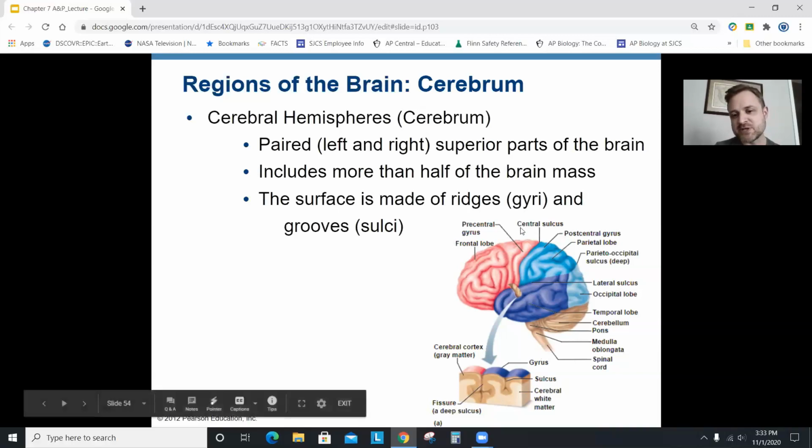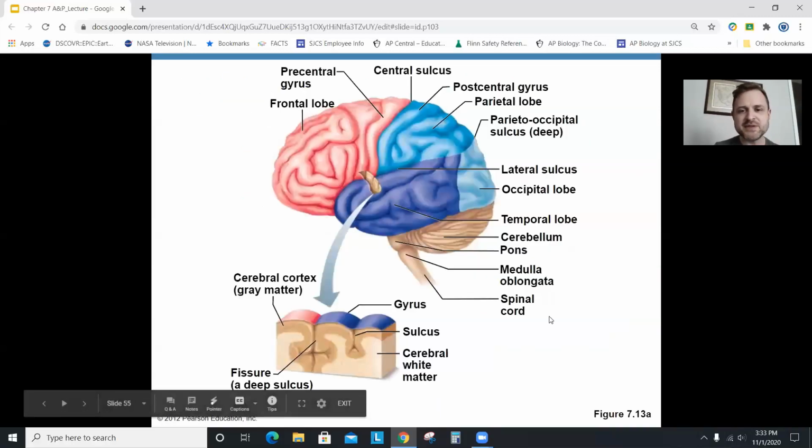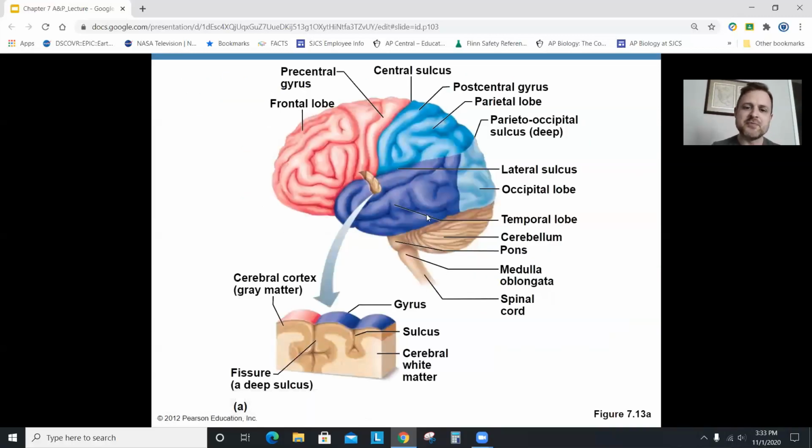So if you look at this picture of the brain, and let's actually make it bigger, you have this feature called the central sulcus that goes across the brain like that. In front, you have, for example, the precentral gyrus, which is a ridge. The postcentral gyrus would be a ridge behind the central sulcus.